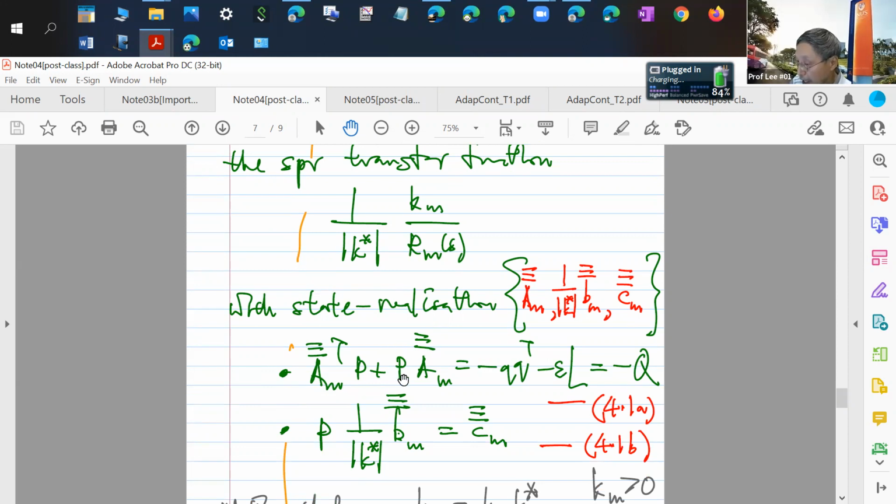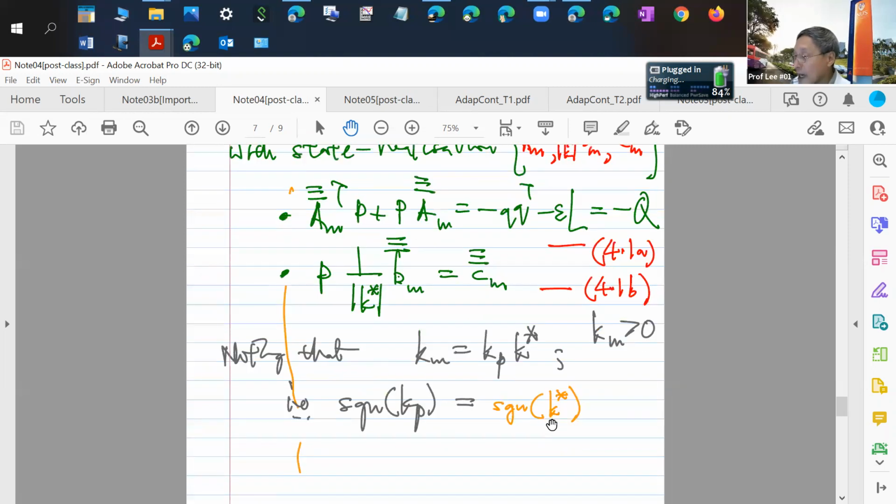And the P that I calculate, remember from the Kalman-Yakubovich lemma, you take this P and multiply by whatever B vector is in here. My B vector here has the multiplier 1 over magnitude K star. It will now be exactly equal to CM triple bar. That's from the Kalman-Yakubovich lemma.